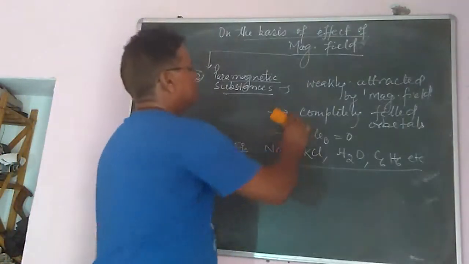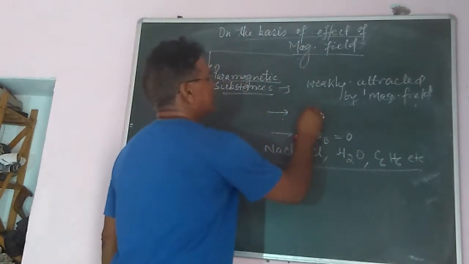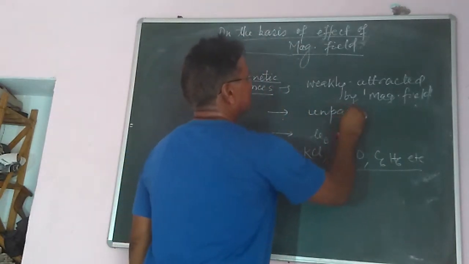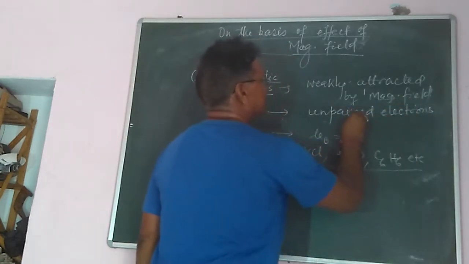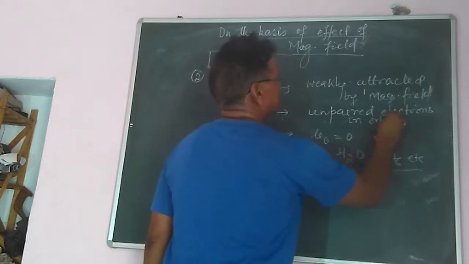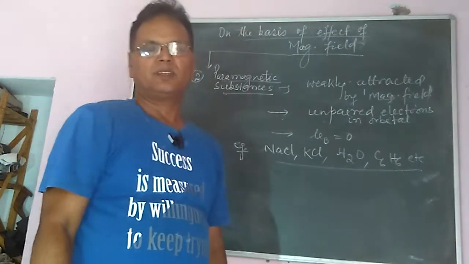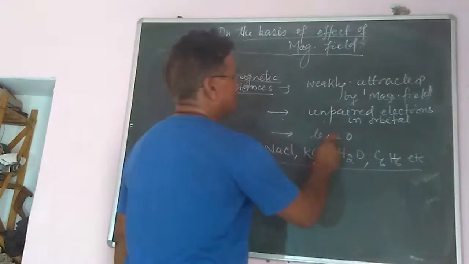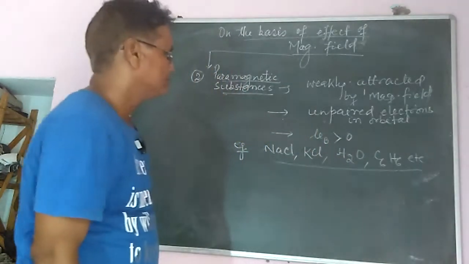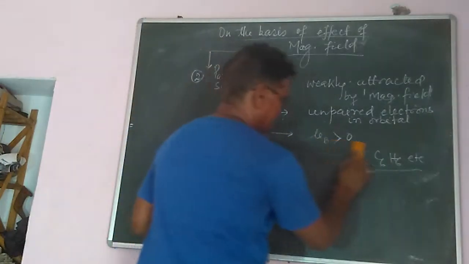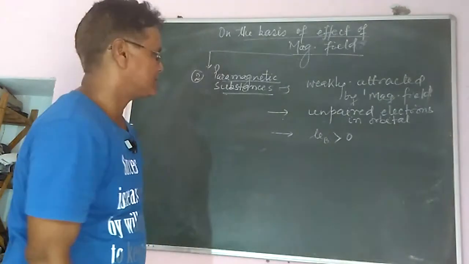In it, the orbitals have unpaired electrons. That causes a net magnetic moment. It means their magnetic moment will never be 0. It will always be greater than 0. Such substances are called paramagnetic substances.